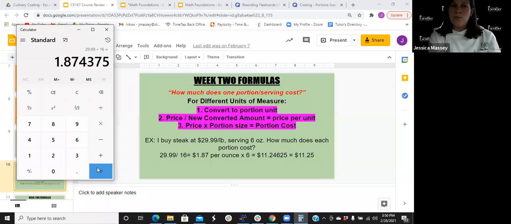And that gets us 1.874375. Take that, again, we're not rounding it yet, and you times it by 6 because we have 6 ounces. And that gets us 11.24625. And that's where we would round. So it would be $11.25 for our 6-ounce portion.